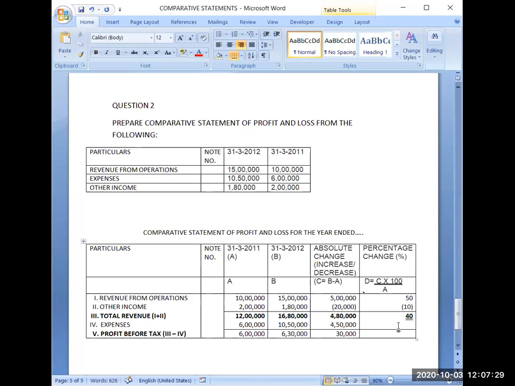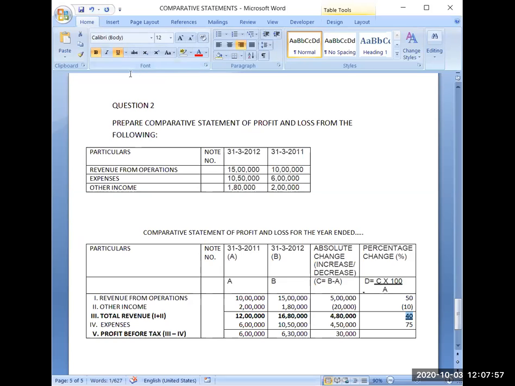Then 4,50,000 divided by 6 lakh is 75%. If you calculate it, 1,50,000 will be 25% of it. 15 for the 60. If you remember tables, your calculation will be fast. So 15 threes are 45, 25 threes are 75. That's why I know that this number will come to 75%. Here an underline is there; I will remove that.